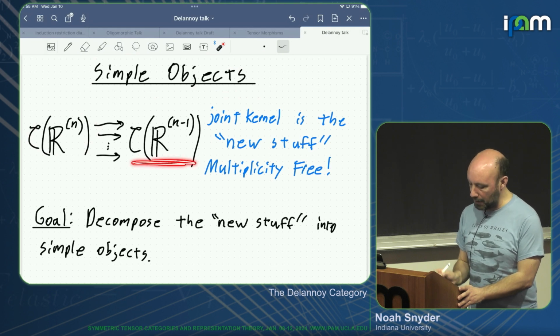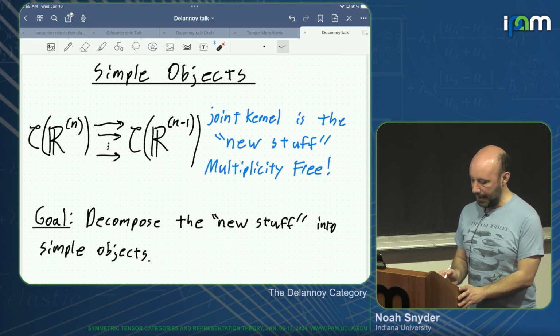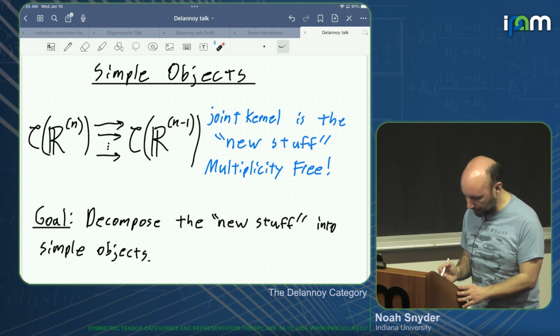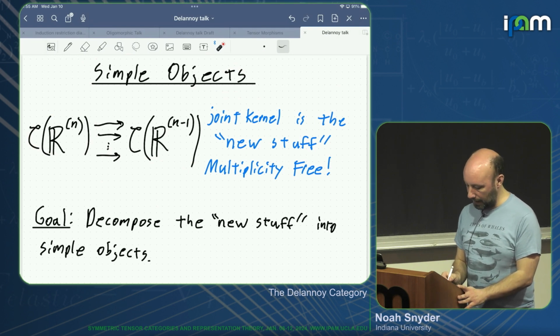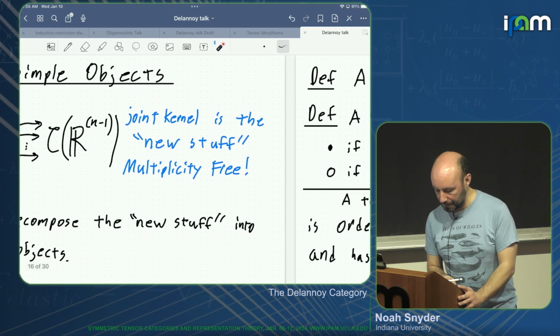I have a bunch of different maps to S(R^{n-1}) coming from the different inclusions of an (n-1)-element set into an n-element set. The new stuff is the stuff that's in the kernel of all of that. That's where I'm going to focus, and I'm going to try to decompose the new stuff into simple objects.